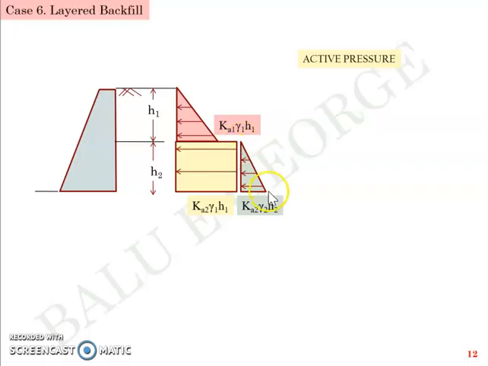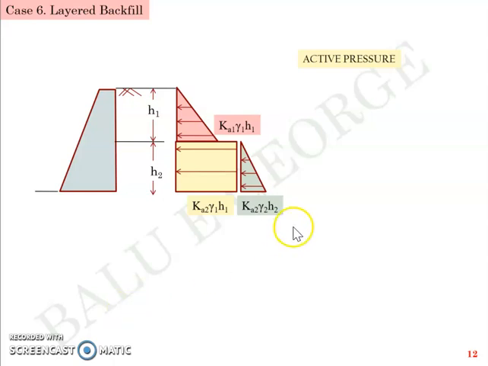So it linearly increases with respect to H2 height. So the first triangle was about H1 height variation. The rectangle is about the surcharge load gamma 1 H1 offered on soil layer 2, and the third triangle is about the linear variation in layer 2.